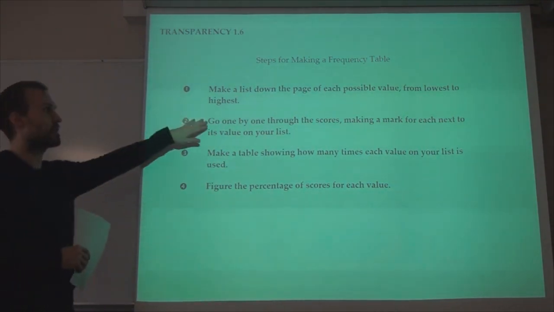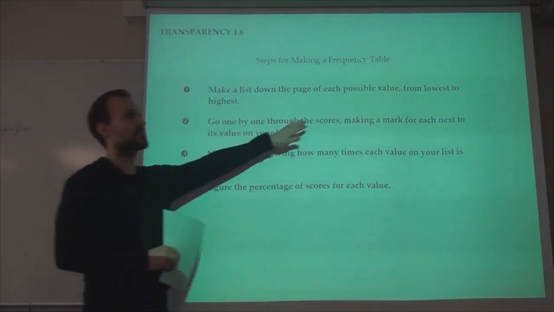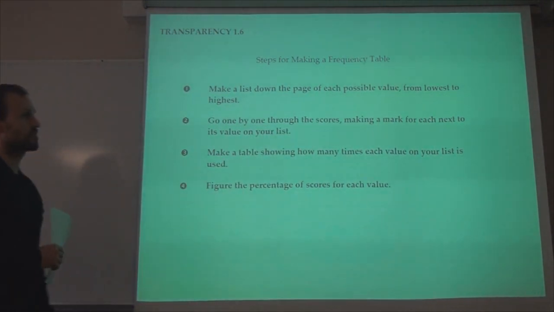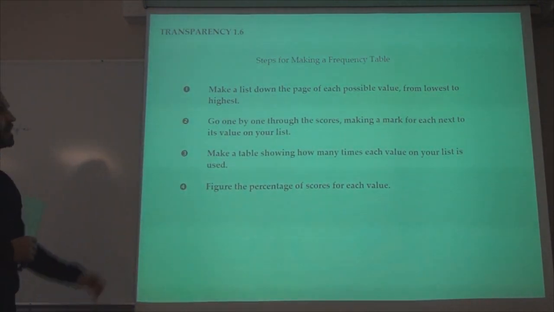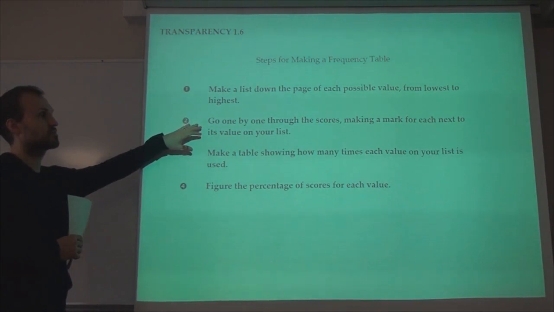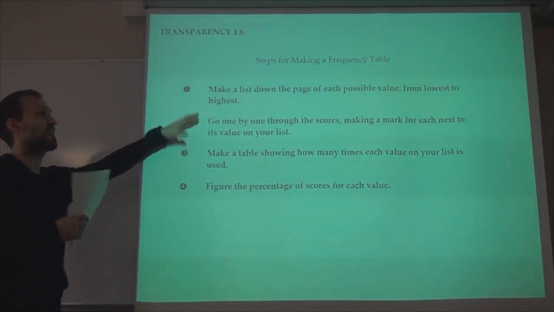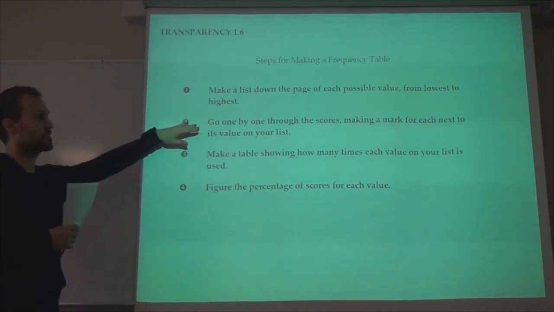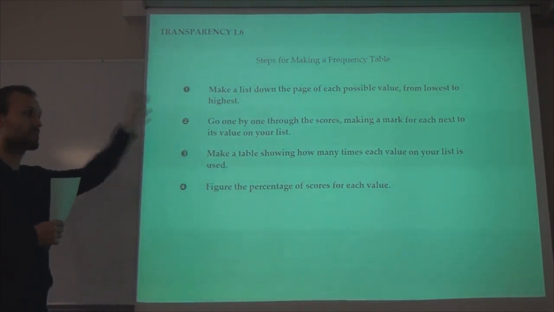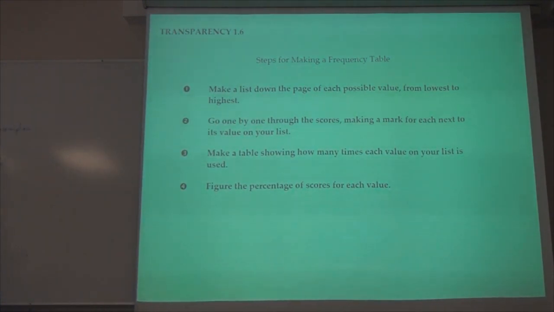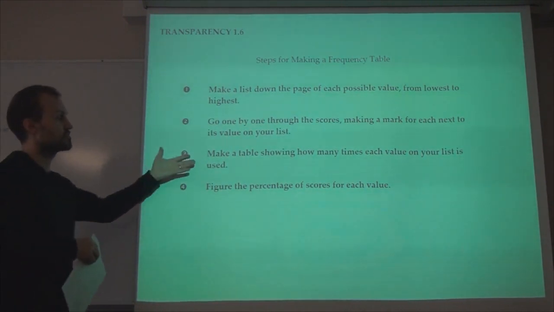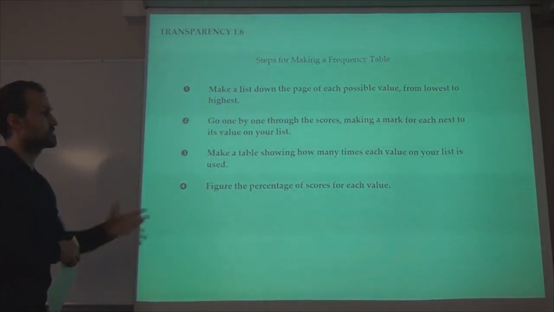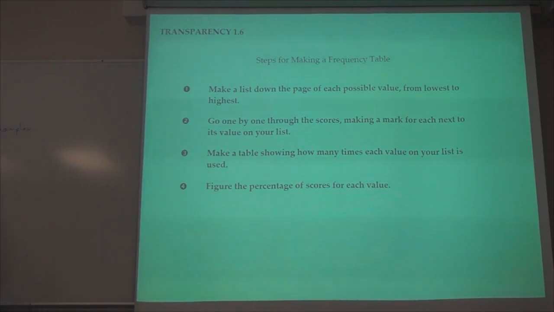And then I'll go one by one through the scores, the actual values that I get from the survey, and count which value or group it corresponds to, getting the frequencies. Then just make a table with nice clear column headings to summarize those results and calculate the percentage if you want to, or if the question wants to.